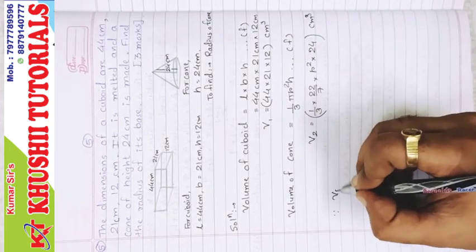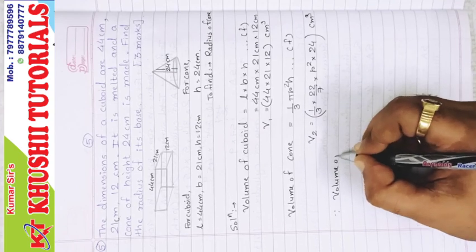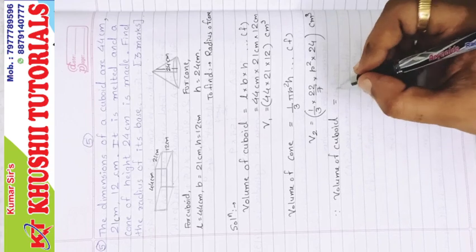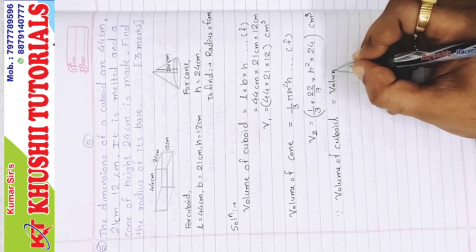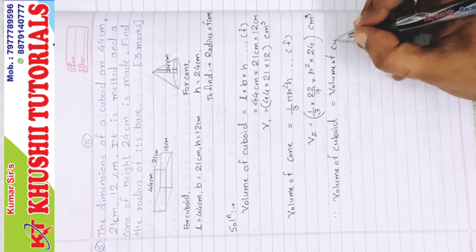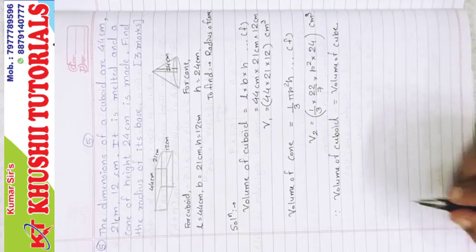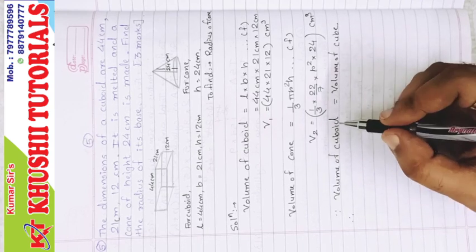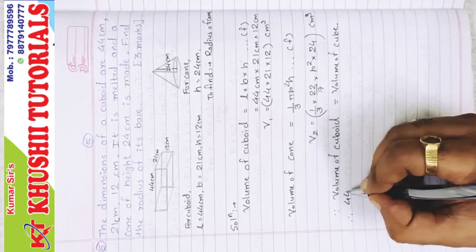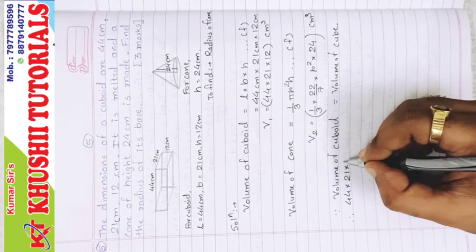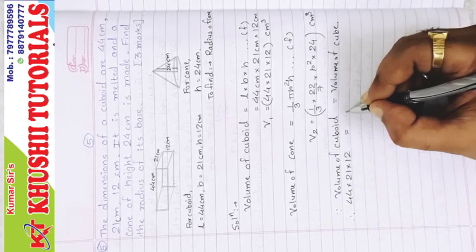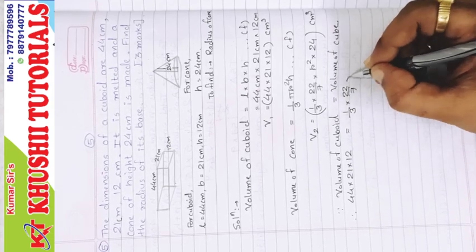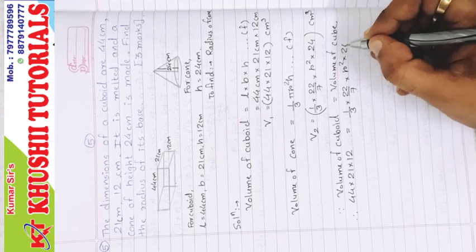Since volume of cuboid equals volume of cone, this is given. Therefore 44 into 21 into 12 equals 1/3 into 22 by 7 into r square into 24.